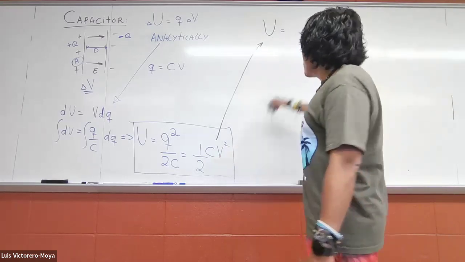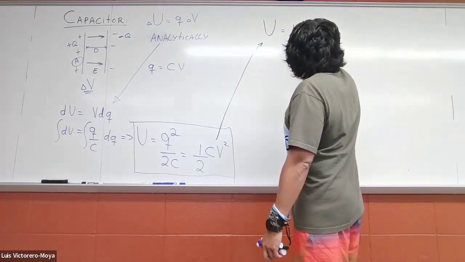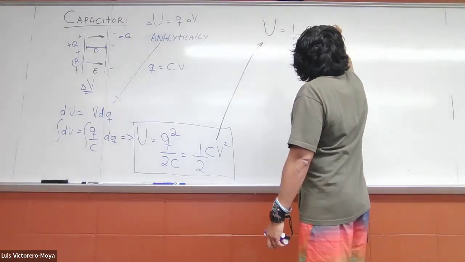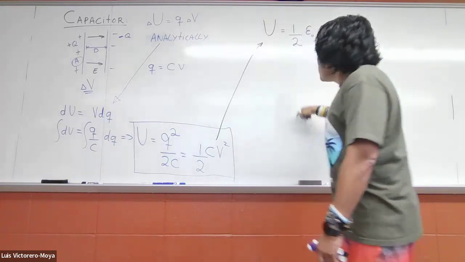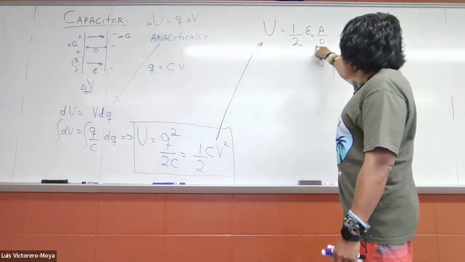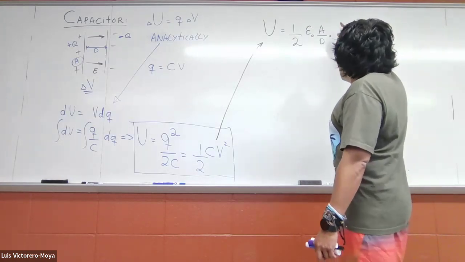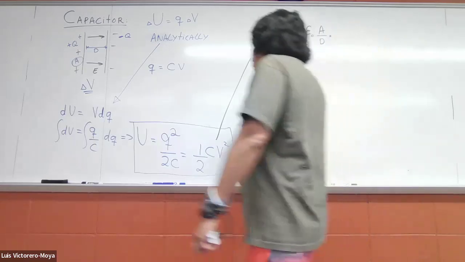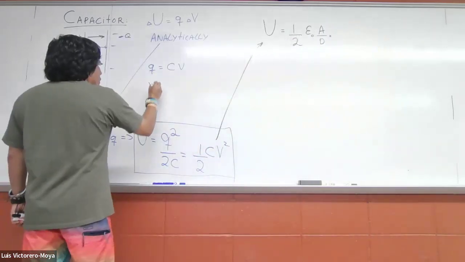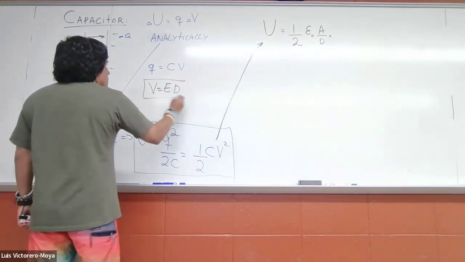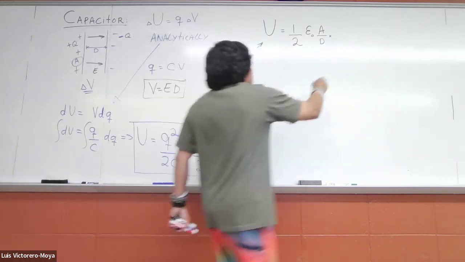I just have to use the equation for C. The equation for C, remember, is epsilon naught area over distance. 1/2 C, and the voltage, remember, voltage is E D. So I can use that in here.